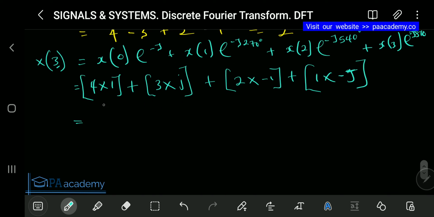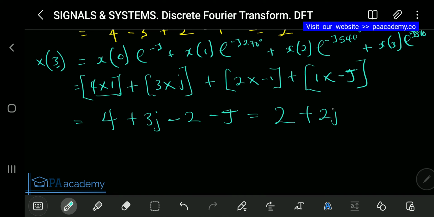Okay, so this will be 4 times 1, that will be 4, plus 3 times j, that will give us plus 3j, then plus 2 times minus 1, that's minus 2, then plus 1 times minus j, that will give us minus j. So tidying this up, we have 4 and minus 2, that will give us 2, and then 3j minus j, that will give us plus 2j.